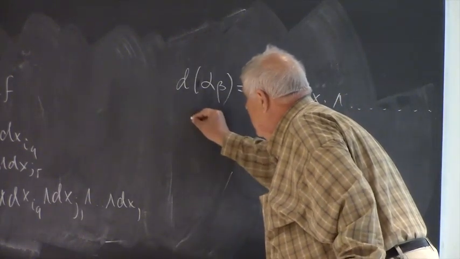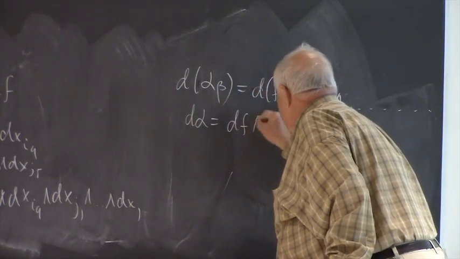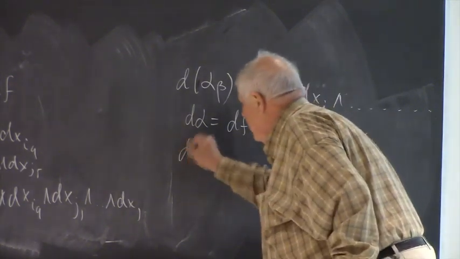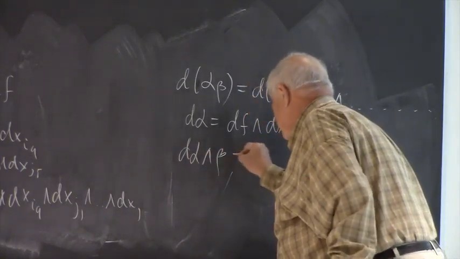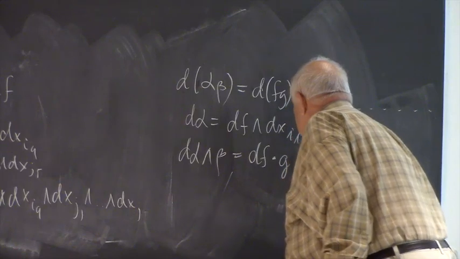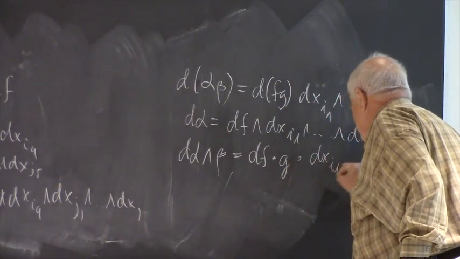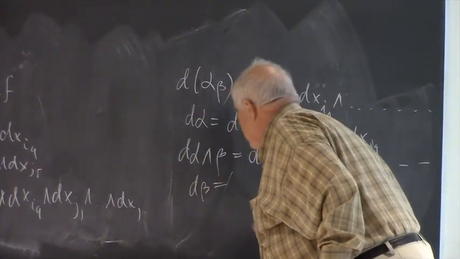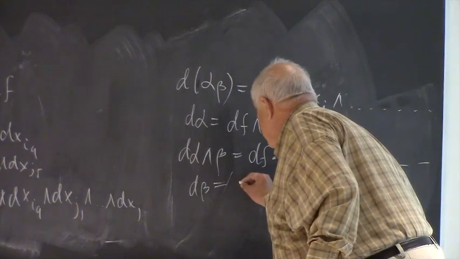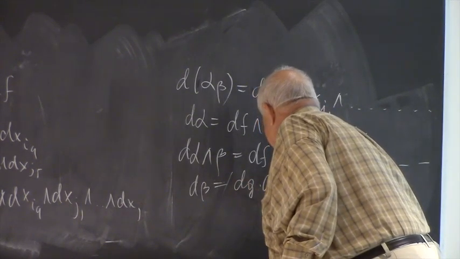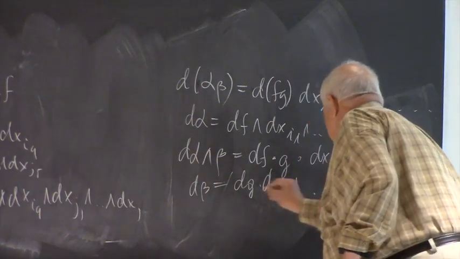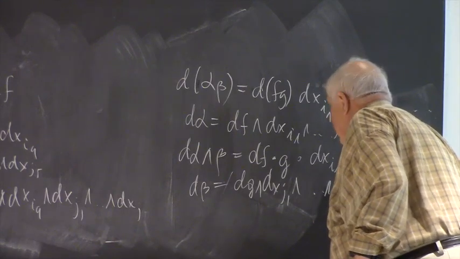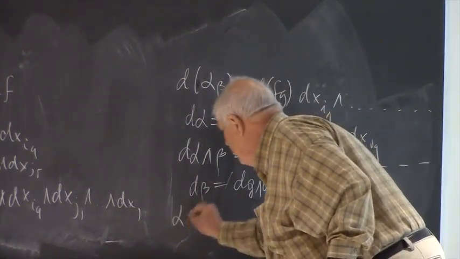Now, d alpha is df times its differentials. So d alpha wedge beta will be df times g and times all our differentials, right? d beta is this: dg dx_{j1} ... dx_{jr}. And the last thing, alpha wedge d beta. I have no space for anything else.